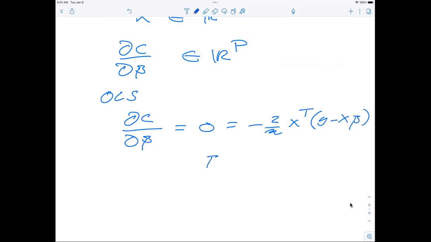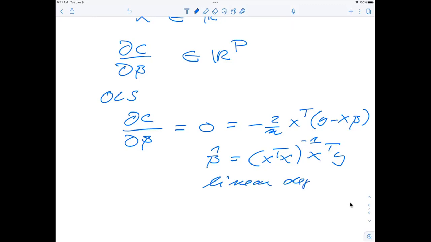And that meant that the optimal parameters beta were given by X transpose X inverse times X transpose y. So here we had a linear dependence on beta in the model. Here we don't have that.